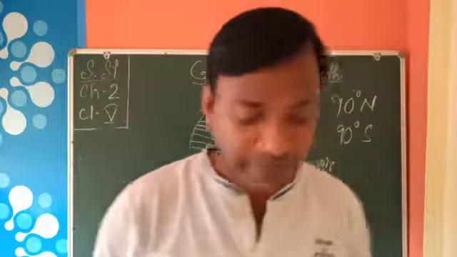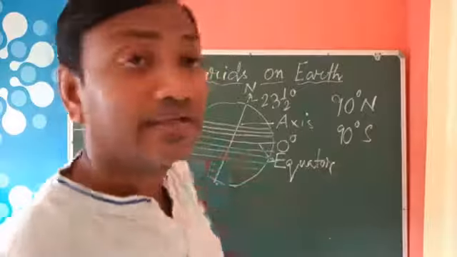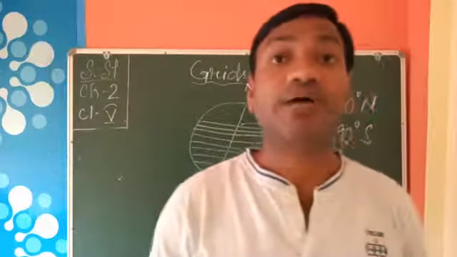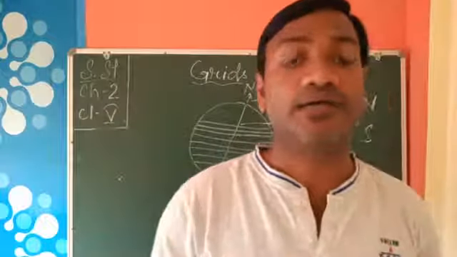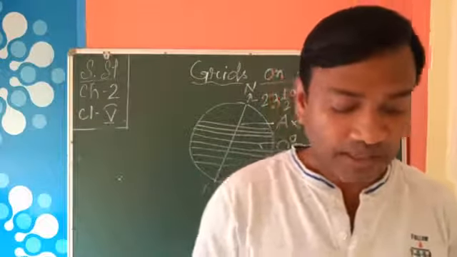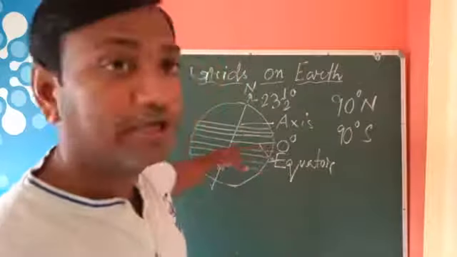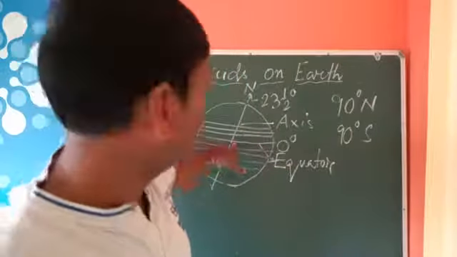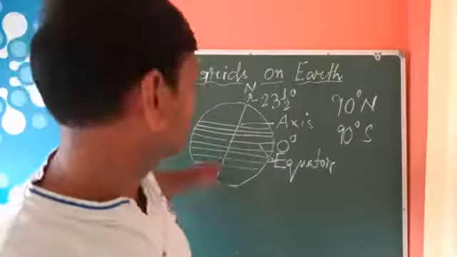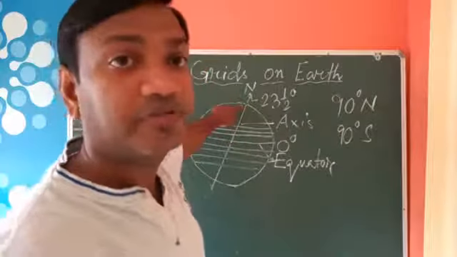The total number of latitudes on the globe is 180. So there are 180 circles on the globe. If we go from the 0 degree, that means from the equator, upward, it is called the northern hemisphere, and there we find 90 circles.